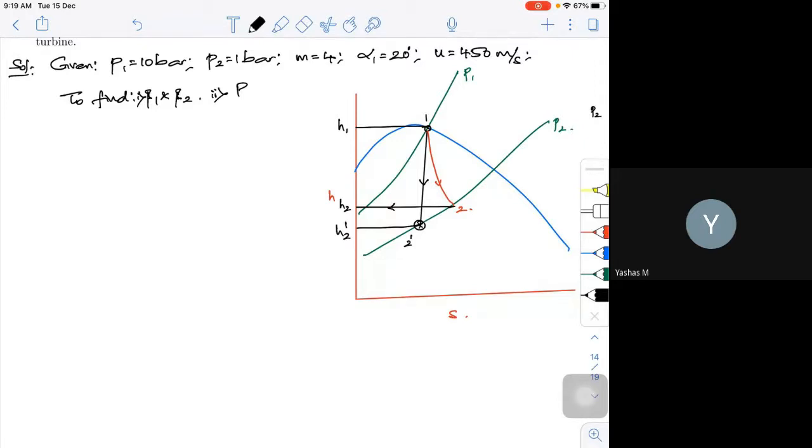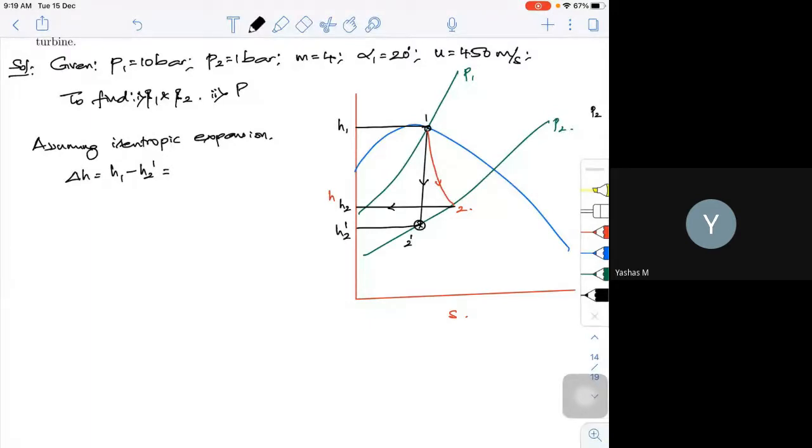Assuming isentropic expansion, what will be your delta H? Your delta H is equal to H1 minus H2 dash. I'll give this value, and I want you to cross check it.